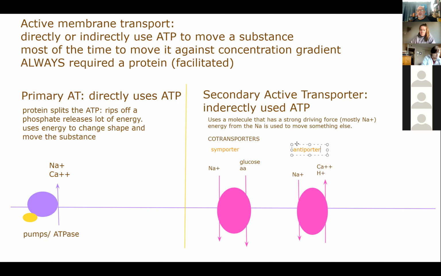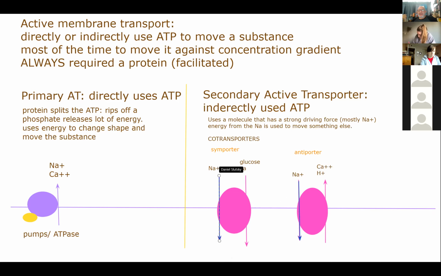Now notice nowhere on any of this have I drawn an ATP, right? And that's why this is secondary. Notice these co-transporters do not use ATP. Remember, what they're doing is using that driving force of sodium. Sodium really wants to come inside, so I can get the sodium to do work for me.